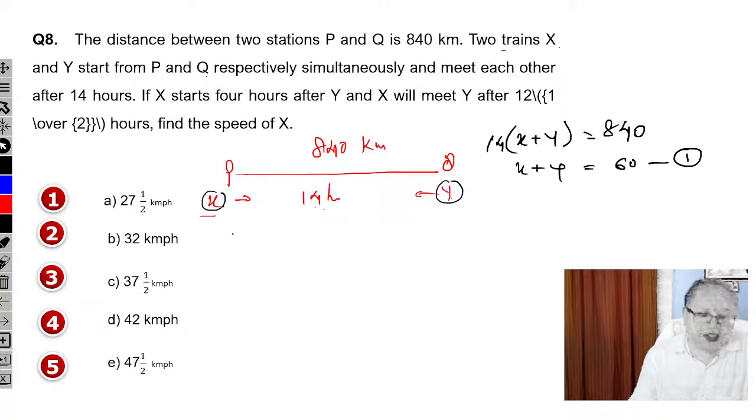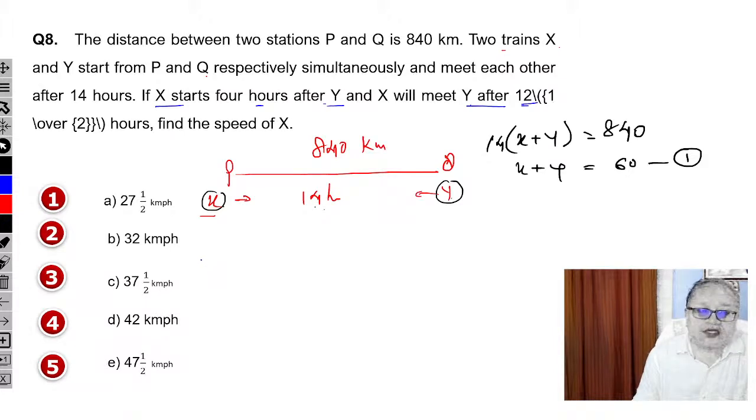In another equation, you will find that X started 4 hours after Y, and if they meet, after how many hours? 12 and a half hours.